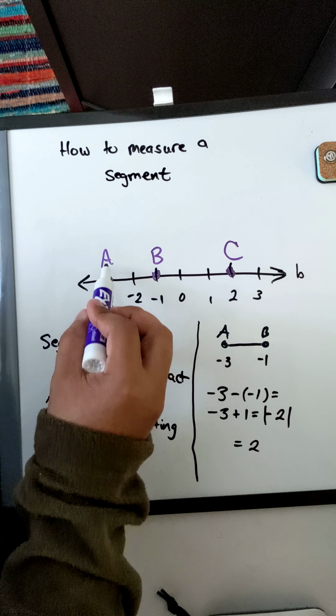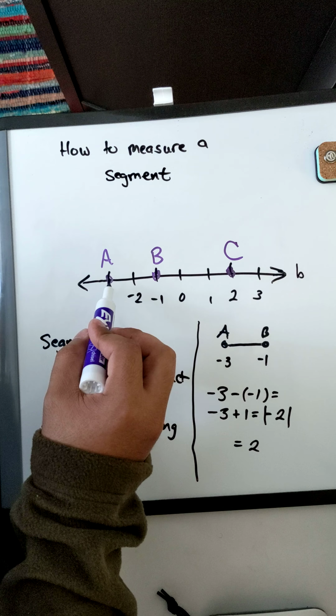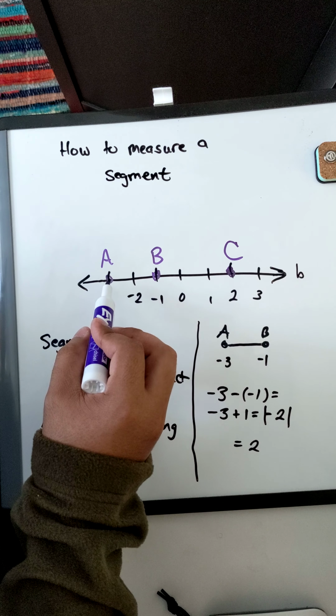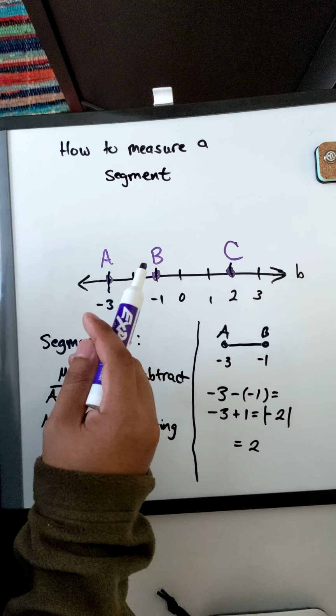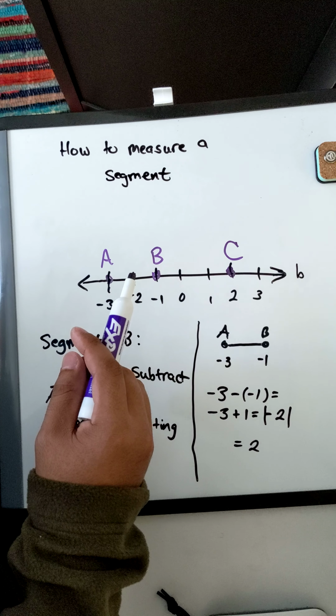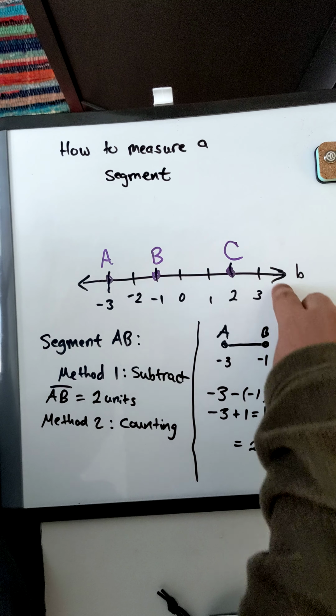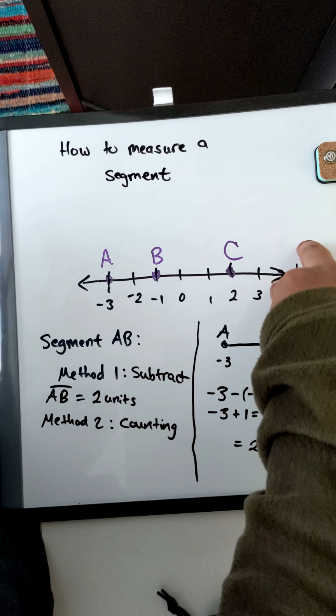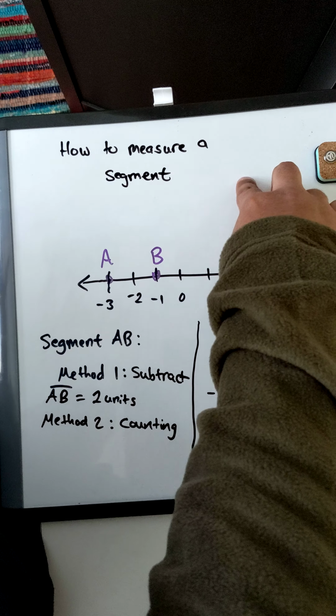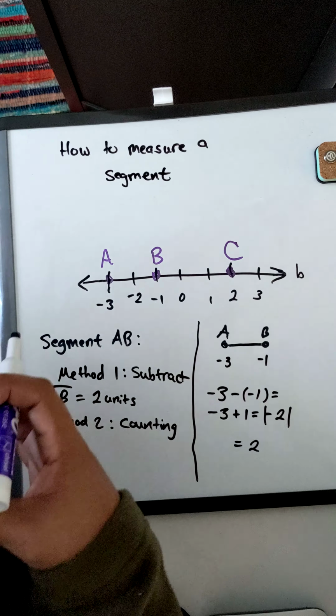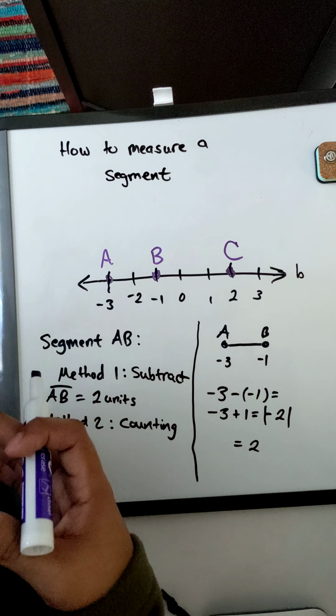I cannot count my starting point, because it's like when we take steps on a sidewalk. If I take my first step, that's 1, 2, 3, 4, 5 steps. I don't count where I'm standing, I count the first time I move.